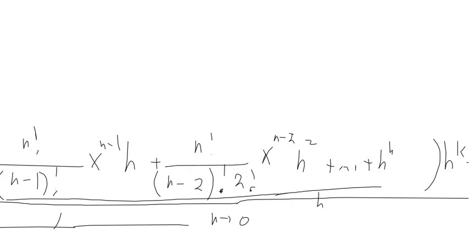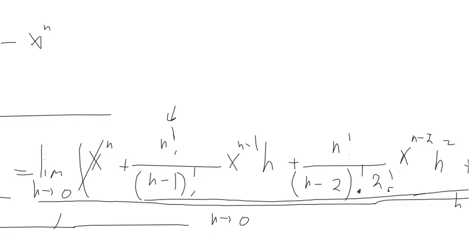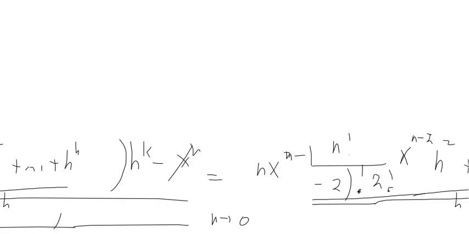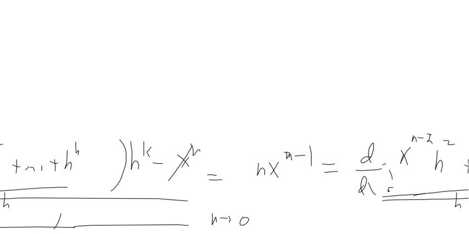You'll notice an h can be factored out from everywhere there, and the h will cancel. I'm left with n times n minus 1 times x to the n minus 1, so n times x to the n minus 1, and that is equal to d by dx of x to the n.